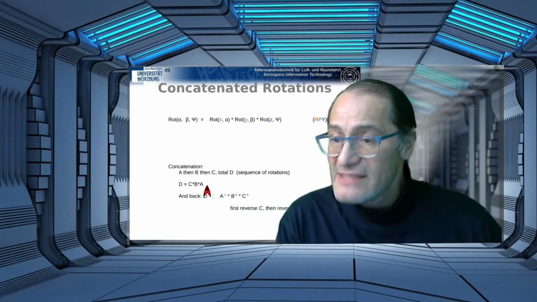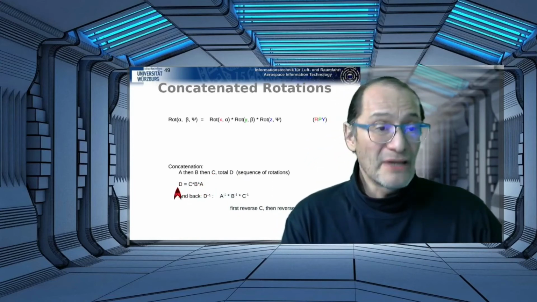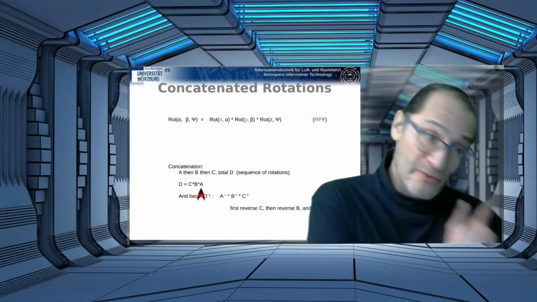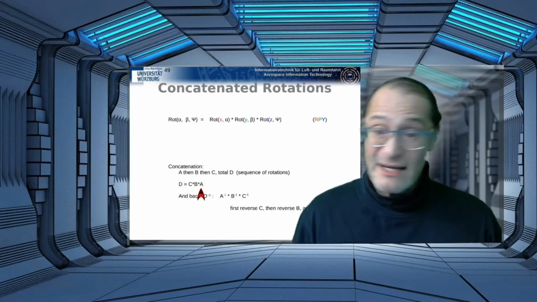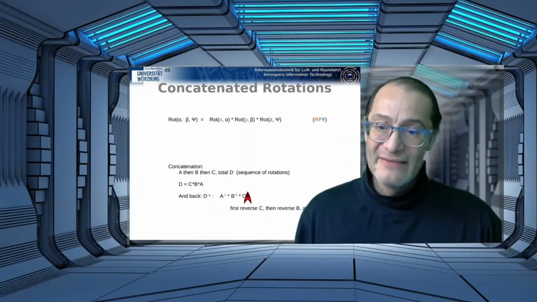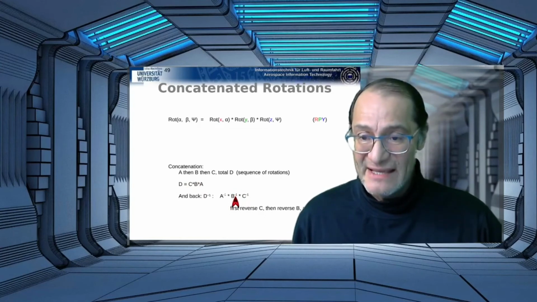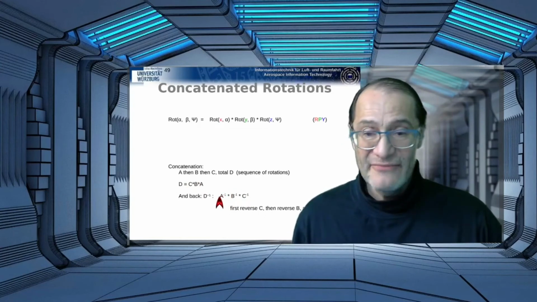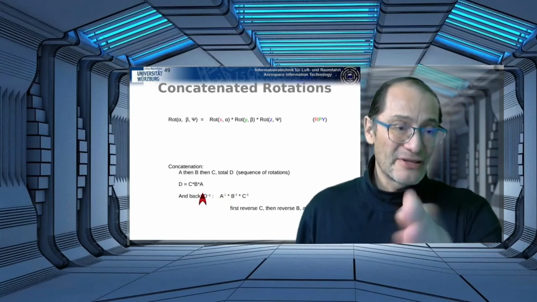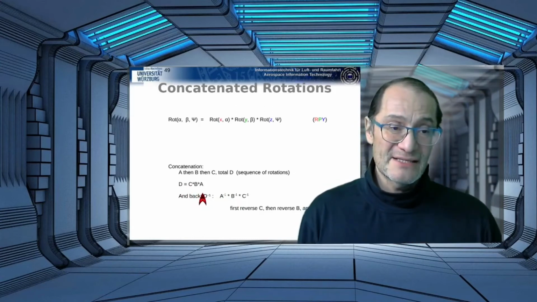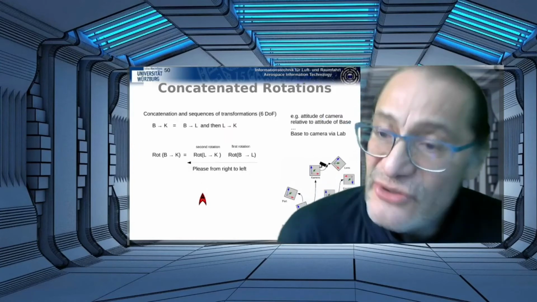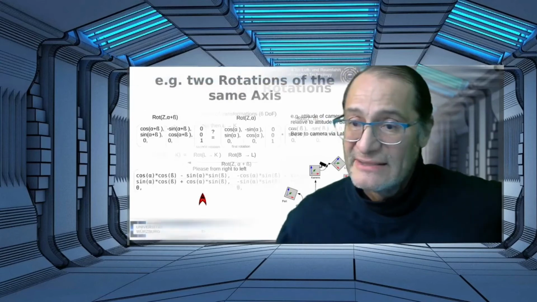So I said before, my total rotor shall be A times B times C, A come to the right. And when going back, I multiply C inverse times B inverse times A inverse. And this is the way back after these three rotations to come to the same point where I started. This is concatenation of rotors.